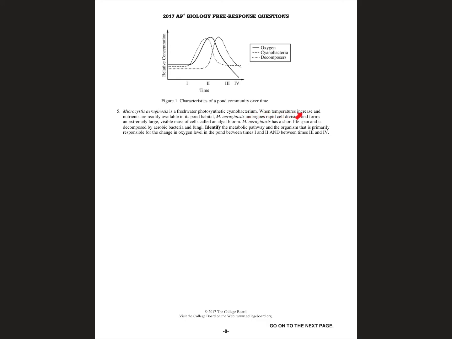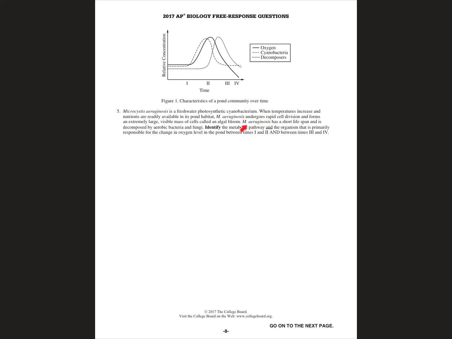When temperatures increase and nutrients are readily available in its pond habitat, it undergoes rapid cell division and forms an extremely large visible mass called an algal bloom. When these get together, there are so many cells that you start to see them floating on the water, and I've shown you pictures of this in class.